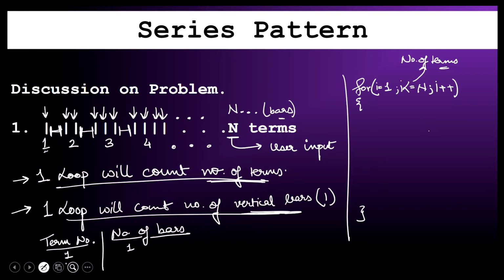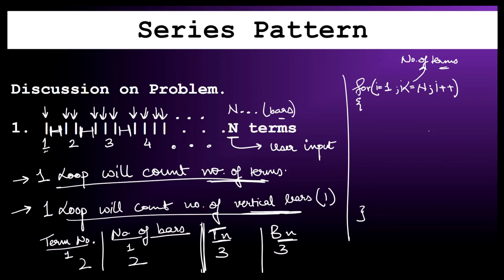In term number 2, the number of vertical bars is 2. In term number 3, the number of bars is 3, in term number 4, the number of bars is 4, and like this, when it is term number n, the number of bars will be n.